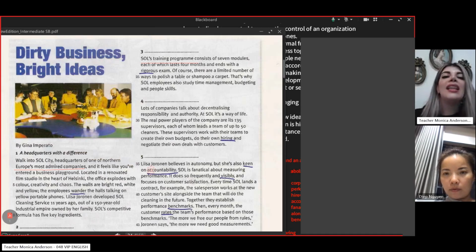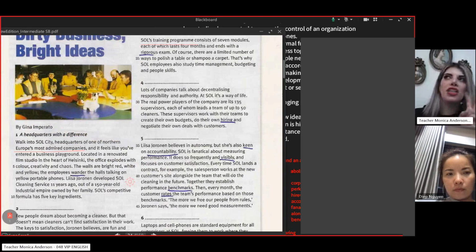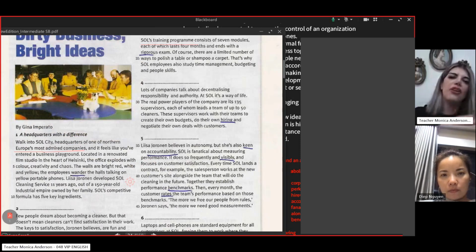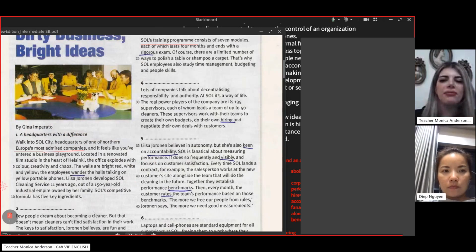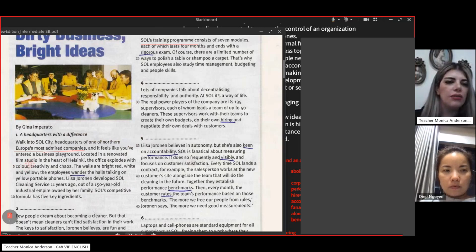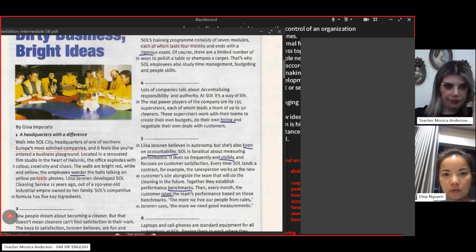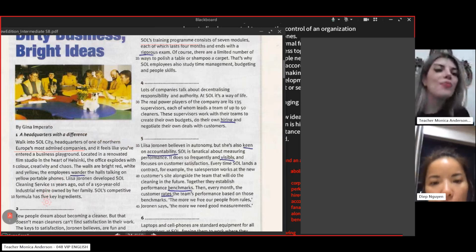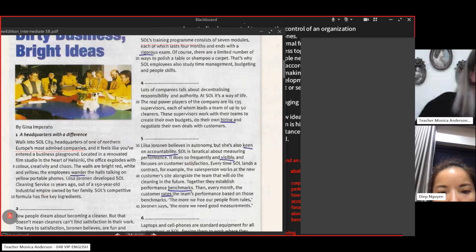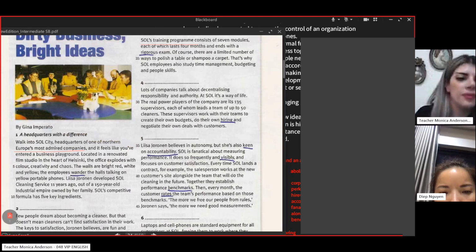Now the second one, let's find one noun used as an adjective. So it's something like two nouns, one before another like an adjective. In the first paragraph, creativity and chaos.